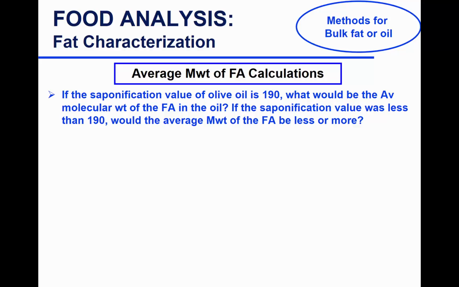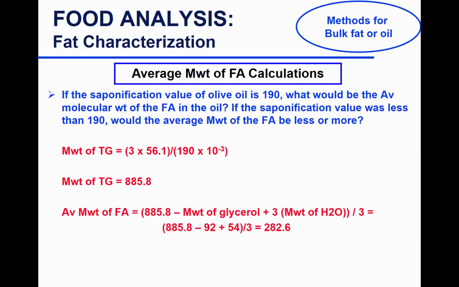Do you have a number? 848. Yeah. Okay, so one fatty acid, 848 divided by 3, 283. Sorry, 283 grams per mole is your average molecular weight of fatty acid, and this would be equivalent to the molecular weight, I think, of olive oil, maybe? Not olive oil, oleic acid.